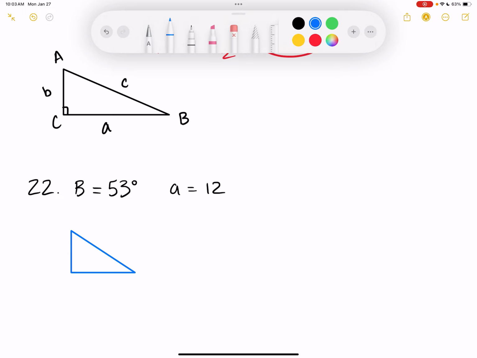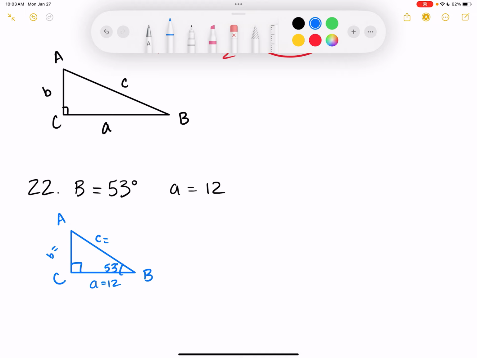You don't need to rewrite it every time, just fill in the stuff that's missing. I already know that's 90. And then angle A up here, I don't know. Angle B they told me is 53, so I'm going to write in a 53 there. Side A goes down here. This is 12. So then I need side C and side B.